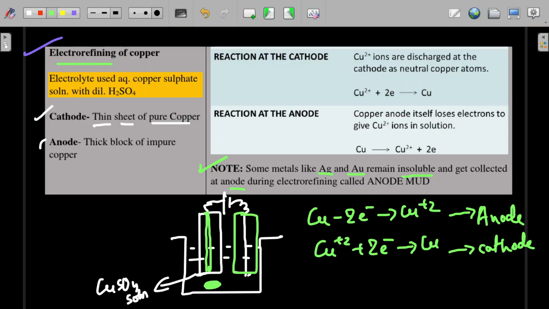So it will form some impurity here, and that impurity we call as anode mud. It is near anode. So what is that impurity? It may be some silver and gold particles. Later they will extract that also. So this is simply the same what we learned for copper electrodes and copper sulfate reaction.